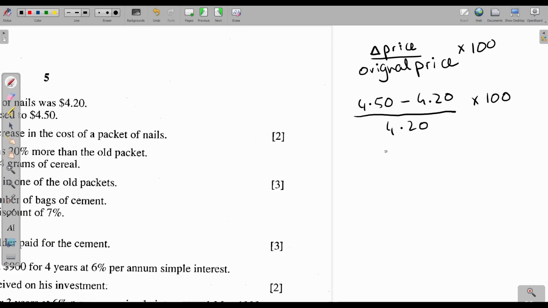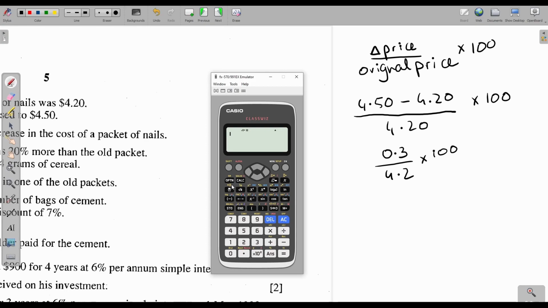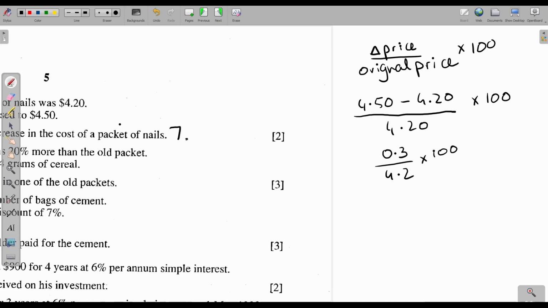So this is just 0.3 over 4.2 into 100, and we can just use our calculator to quickly do that. 0.3 over 4.2 into 100 gives us an increase of 7.14%. All right.